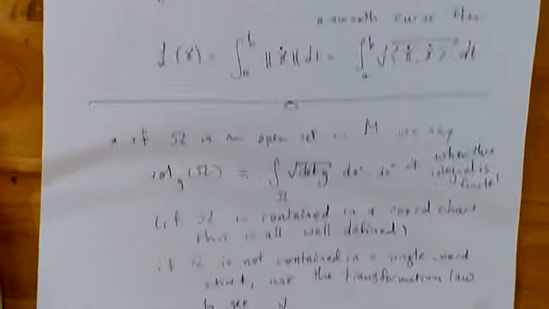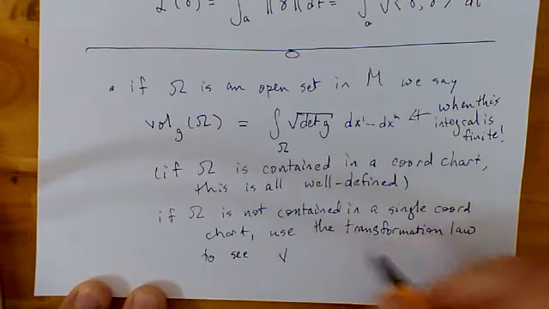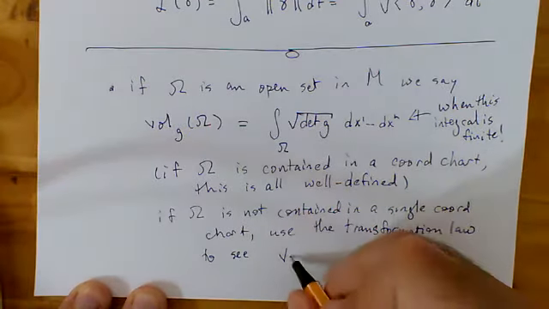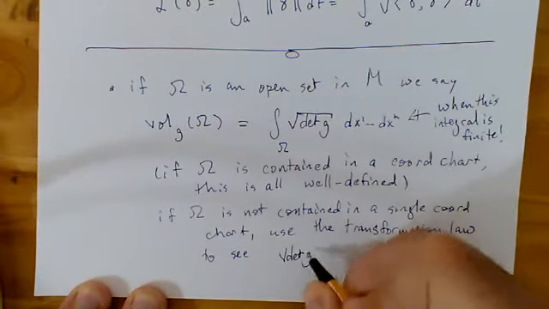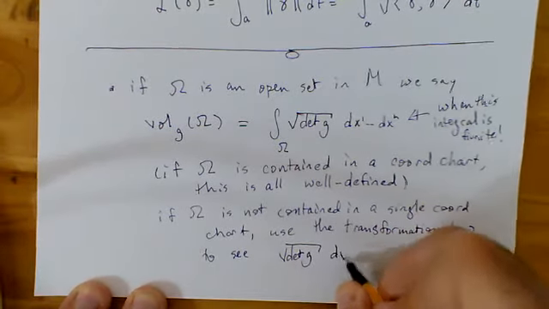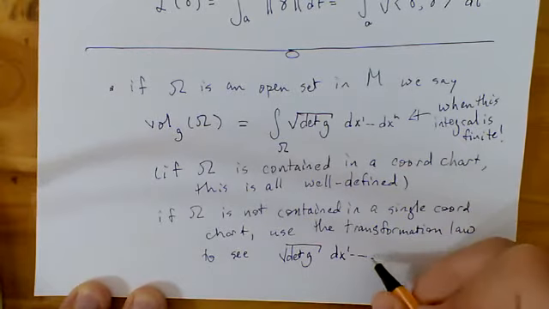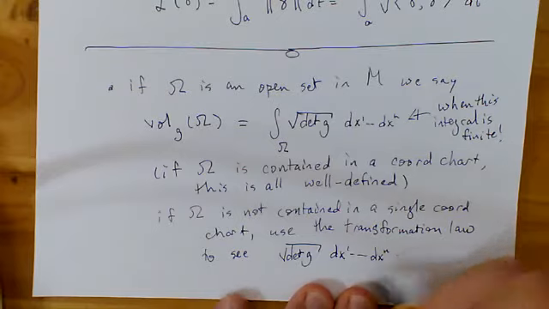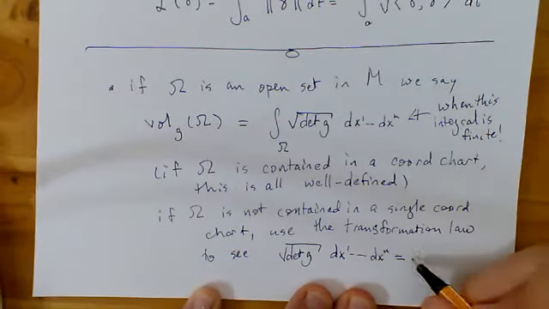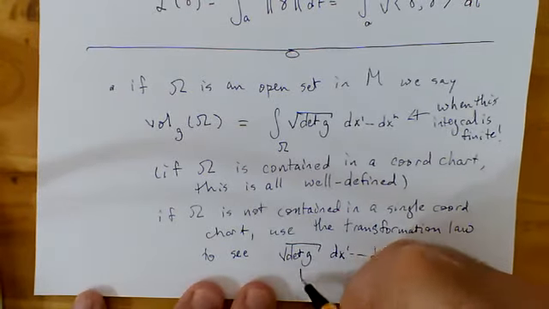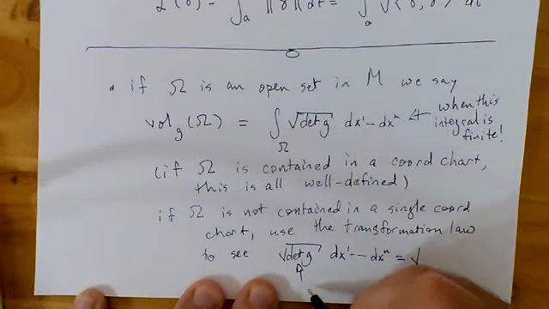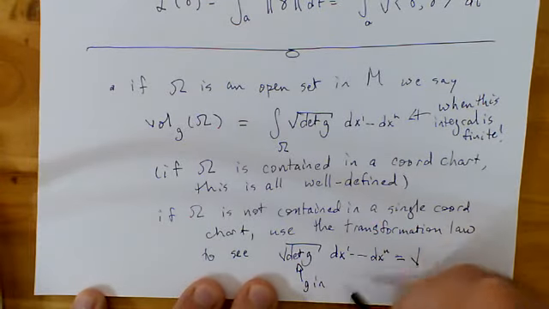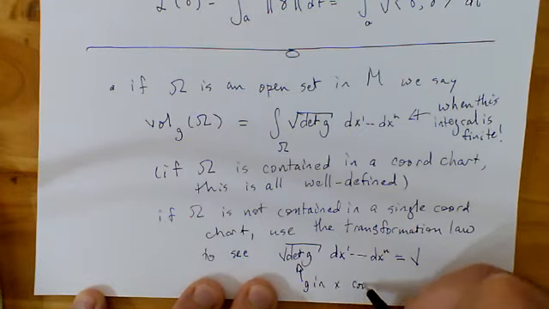And if you use the transformation law, you will actually see that this integrand, the square root of the determinant of g dx1 through dxn, here's maybe the g in the x coordinates.